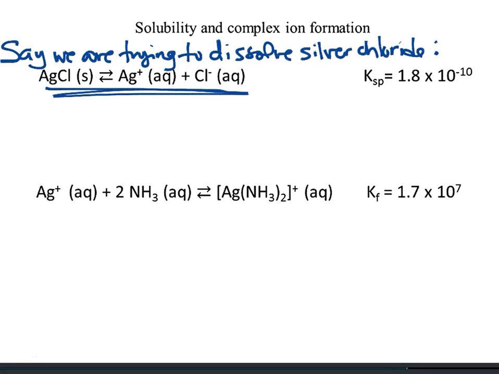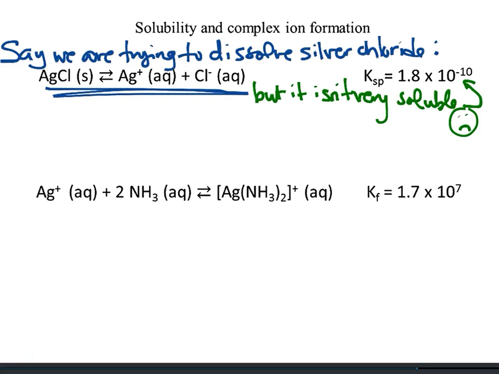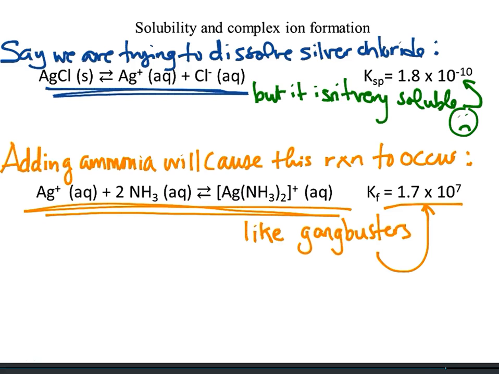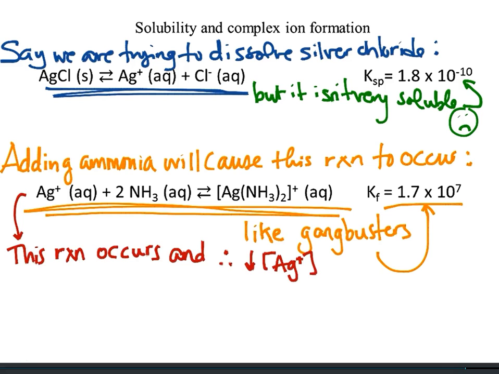So the reason for that is because the solubility equilibrium at the top is influenced by the complex ion equilibrium underneath. So if we're trying to dissolve silver chloride in water, we see it isn't very soluble, which there's the sad face there. So if we add ammonia, then the reaction on the bottom will occur, gangbuster style, right? Far to the right, 10 to the 7. What that's going to do is it's going to remove silver from the solution.